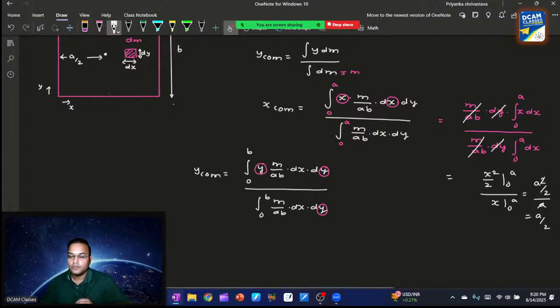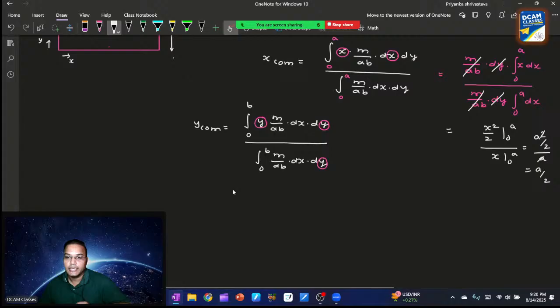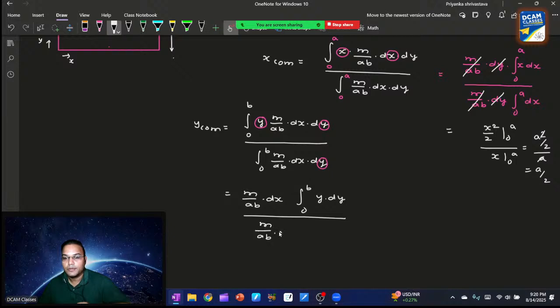So what we'll do, we'll put y inside, so M by AB dx, 0 to b y dy divided by M by AB dx, 0 to b dy. These things will cancel out and it will become b square by 2 divided by b, so it will become b by 2.